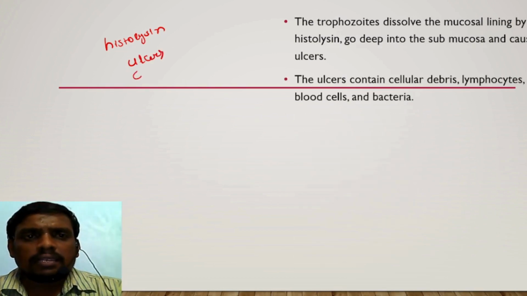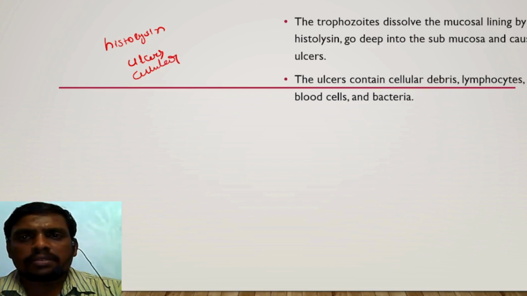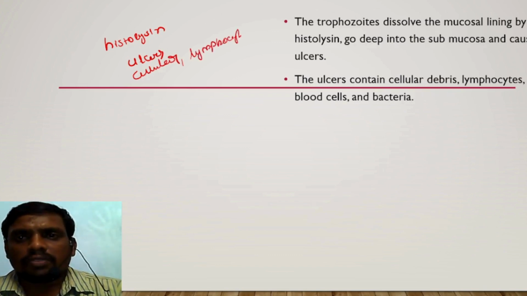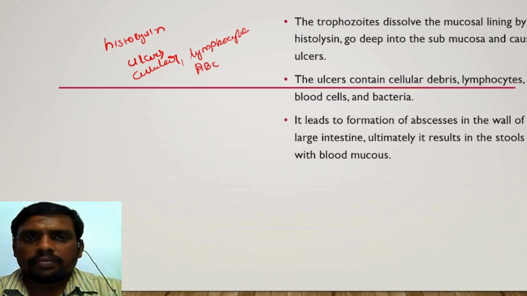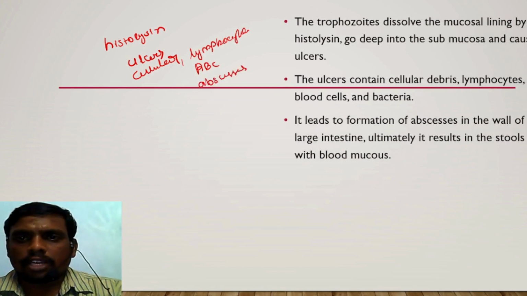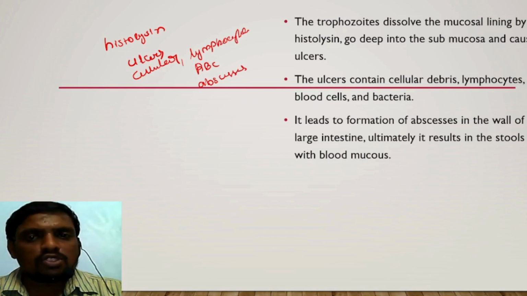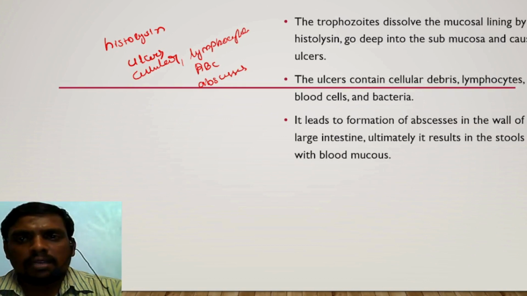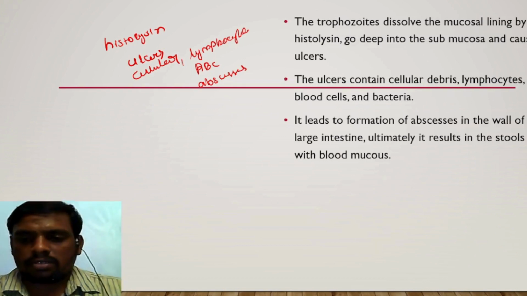Ulcers contain various types of cellular debris like lymphocytes, red blood cells, bacteria, etc. Finally, it leads to the formation of an abscess, an infection in the wall of the large intestine. Ultimately, it leads to blood with mucus in the stools.